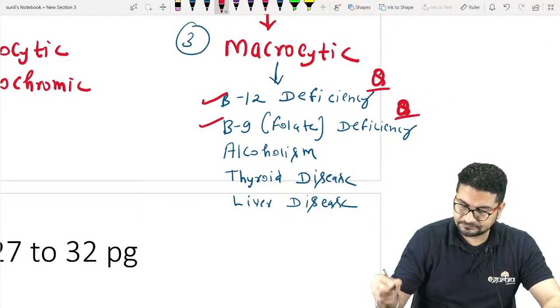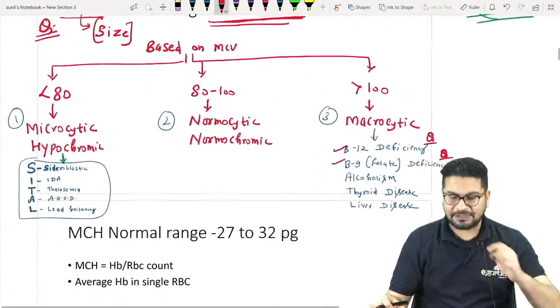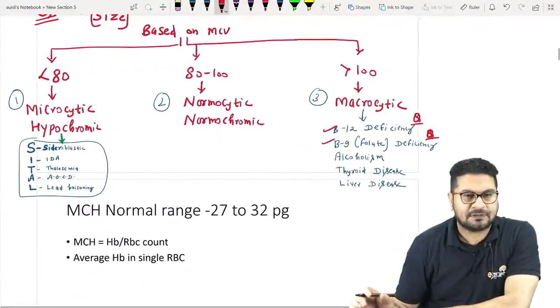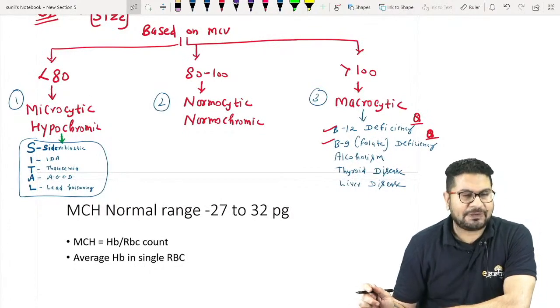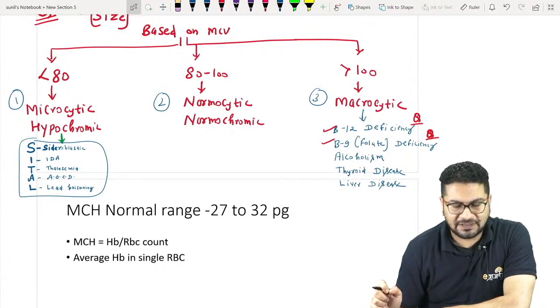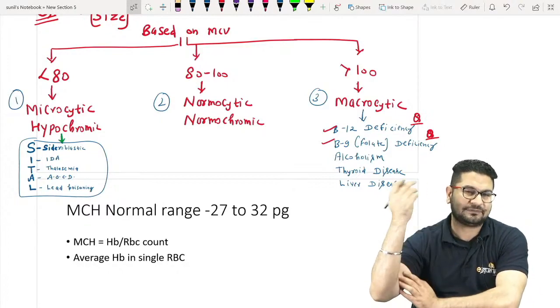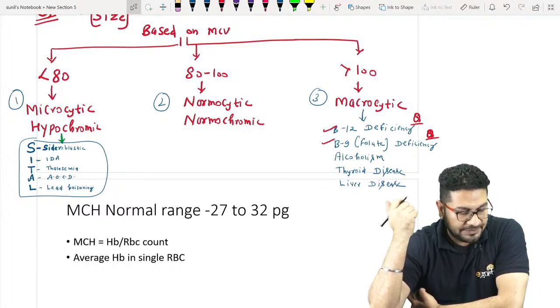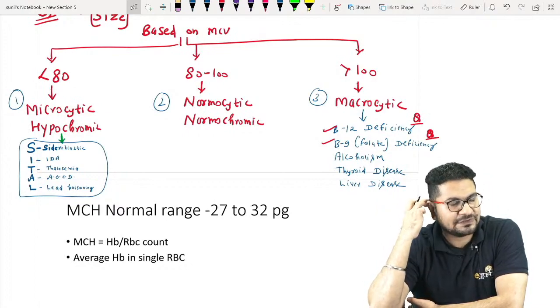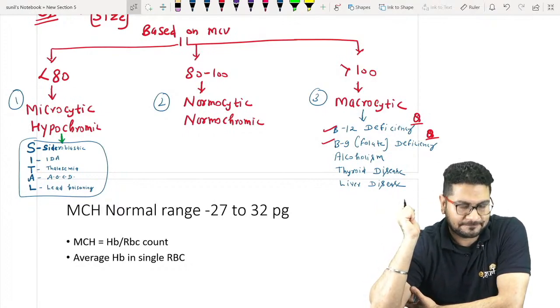So this is about your macrocytic anemia. So till now I told you microcytic, normocytic normochromic will come, we'll discuss later, and macrocytic. Macrocytic means B12, B9, liver disease and thyroid diseases. That you have to remember.